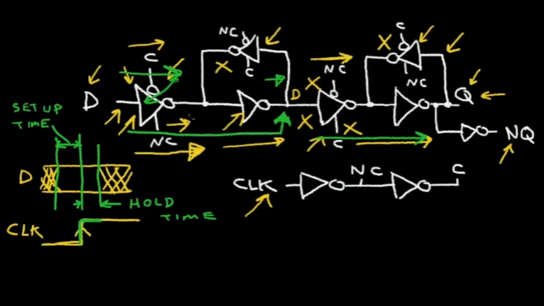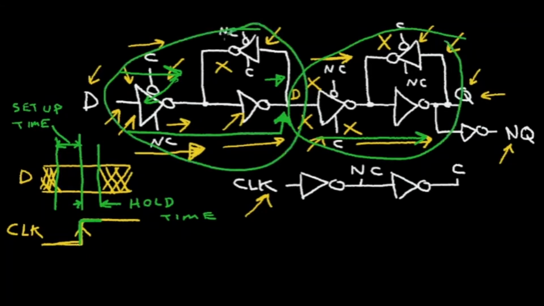So hopefully this gives you some idea of how the CMOS D-Flip Flop works. It's basically a latch combined with another latch to allow the data to be sensed at the edge of the clock and then be transferred to the Q and the not Q outputs.